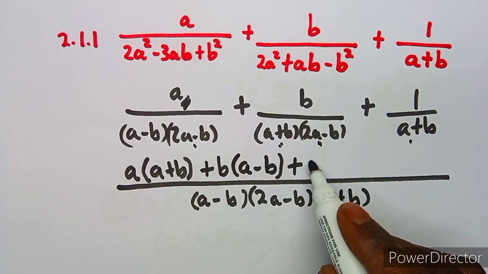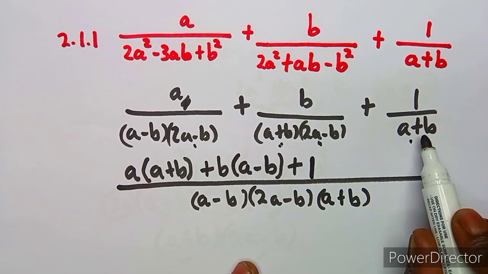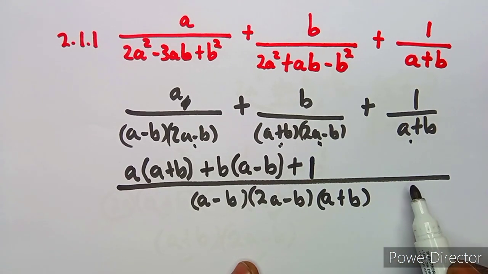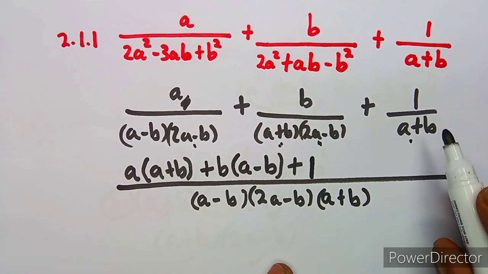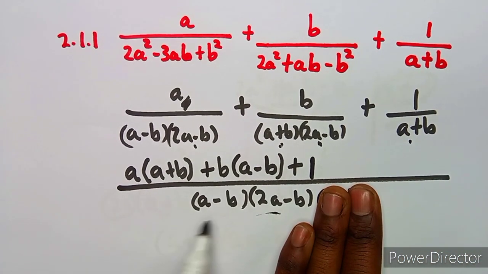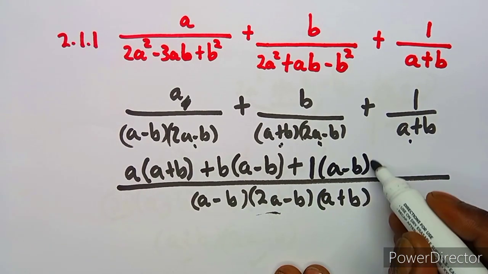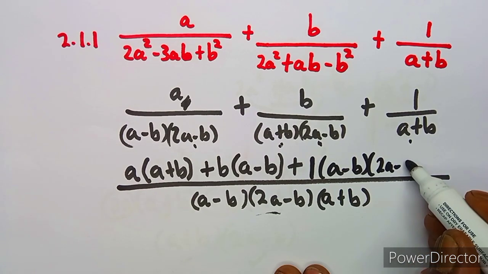Okay, plus this LCD divided by a plus b. Already there was a plus 1, so let's just write plus 1, then we multiply with whatever that you're going to get. So as you can see here, if we divide this a plus b, this a plus b will cancel, but you don't cancel them, you just assume cancelling. So if we cancel this, we are going to be left with these two brackets, which is a minus b into 2a minus b.